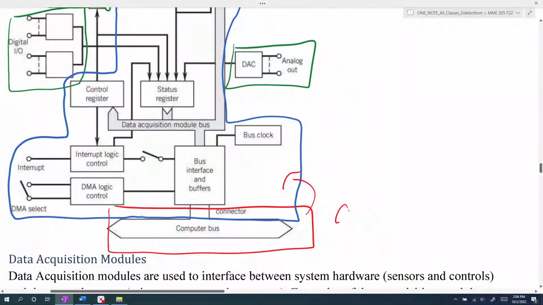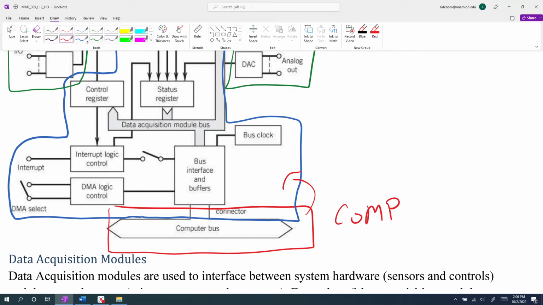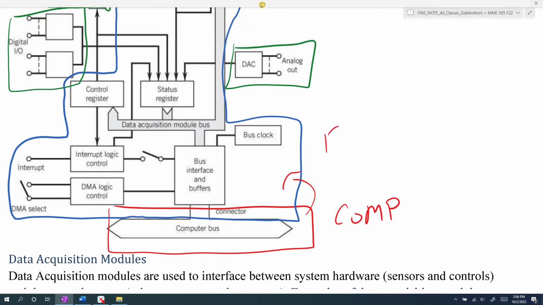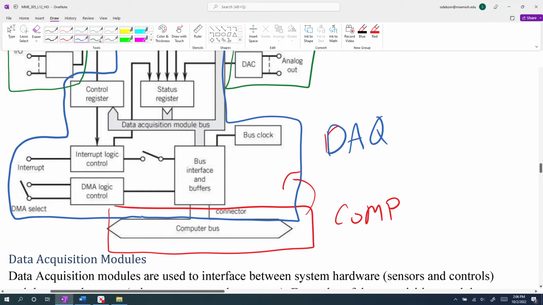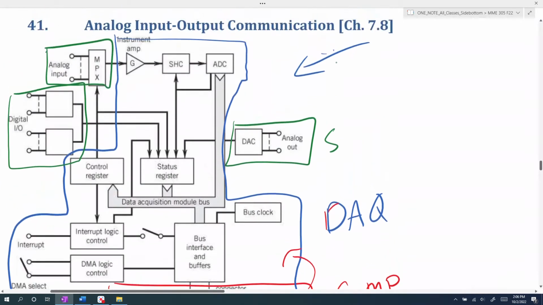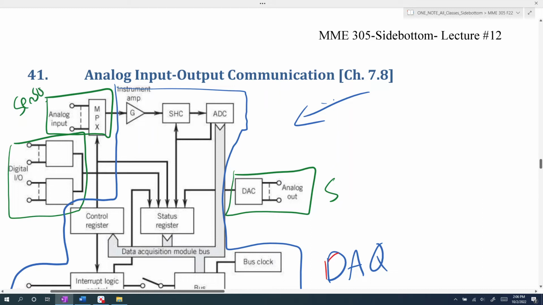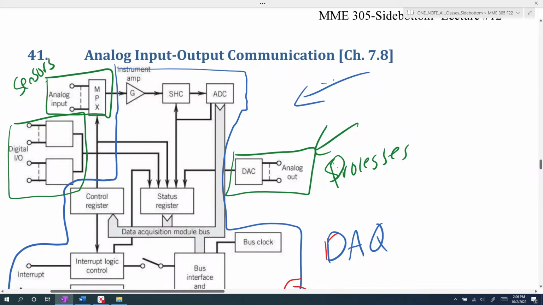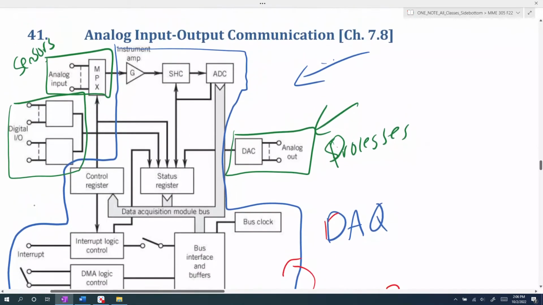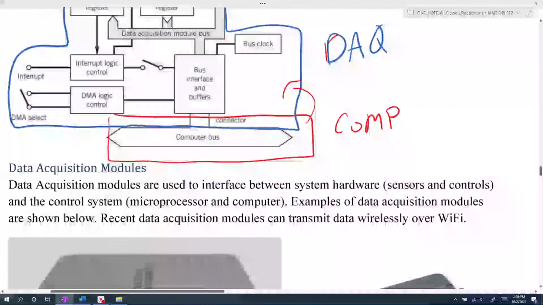So basically you have your computer, you have your data acquisition system, and then you have your sensors, and then you have maybe some other processes that you're trying to control using an analog signal or a digital signal. Okay, so that kind of explains how this whole system is set up.